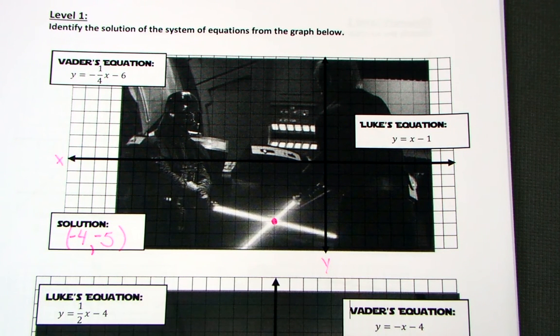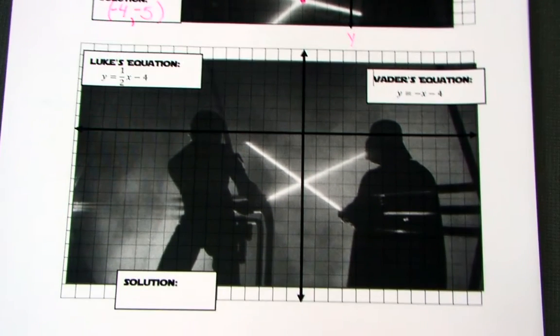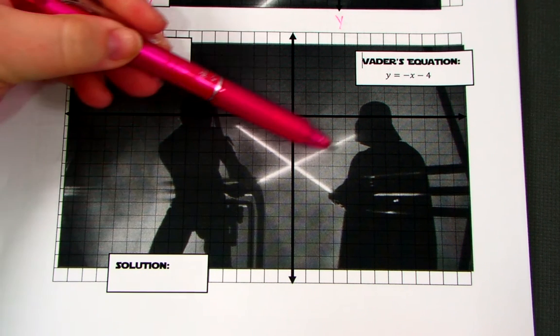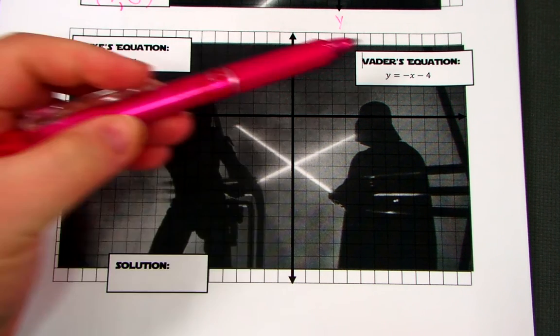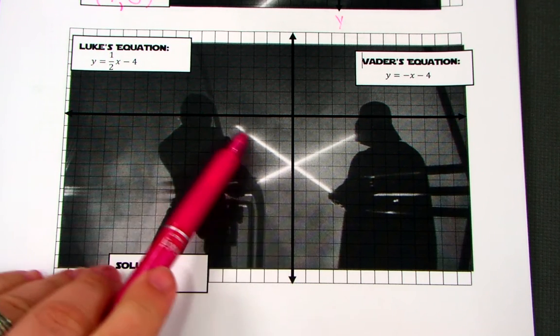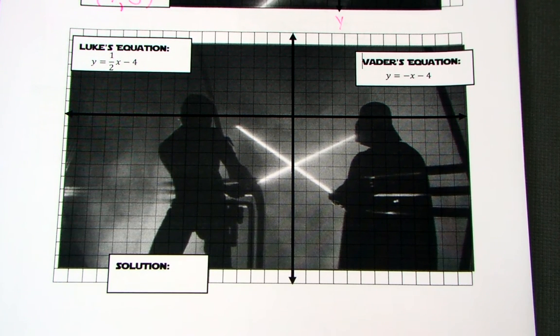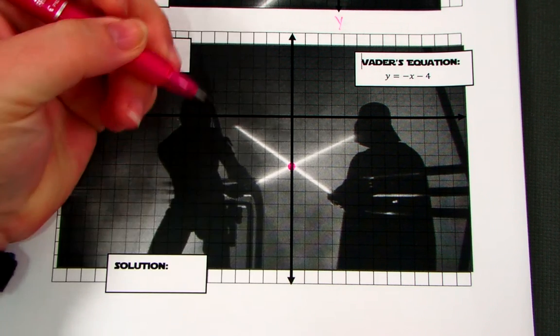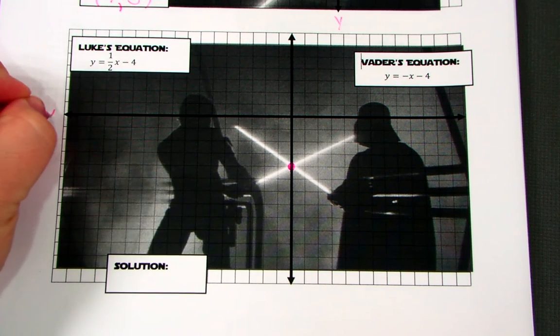We've got one more example. So Luke Skywalker's equation is right here when it's graphed. And Darth Vader's equation is formed right here. So the solution would be, where do they cross? They cross directly at this point. And so we've got the x and the y.